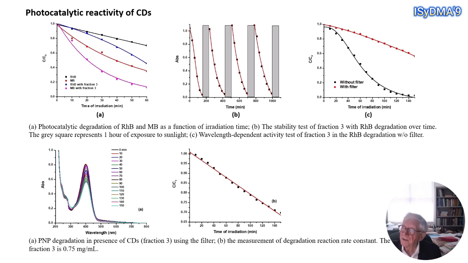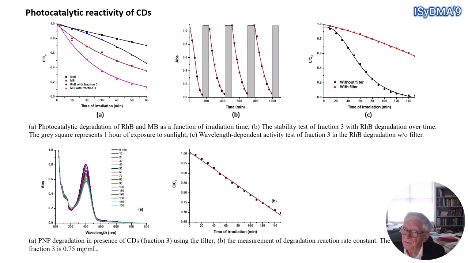If we irradiate the solution for 1 hour and then take a new solution, we can see the same degradation. That means the stability of our carbon dot is great. There is no decomposition of the carbon dot itself. If we do the same experiment with, in this particular case, a filter, we can see with the filter there is no huge degradation. Without the filter, that's the degradation that we expected.